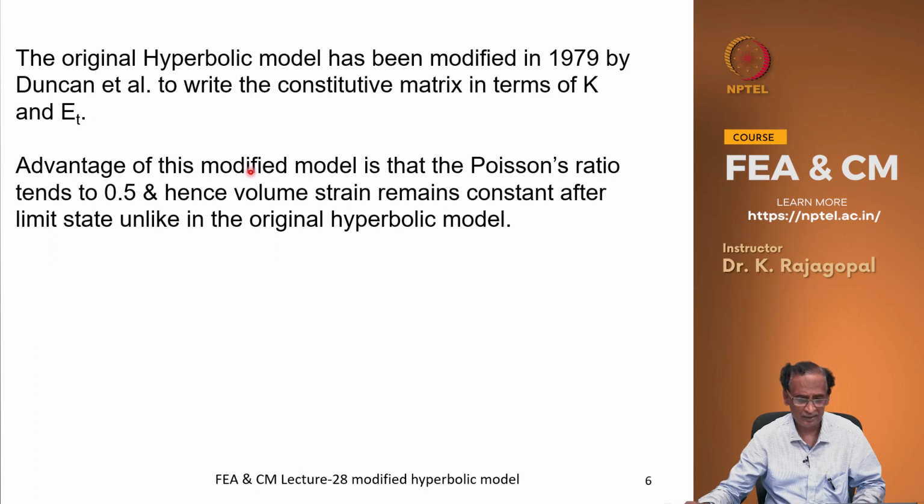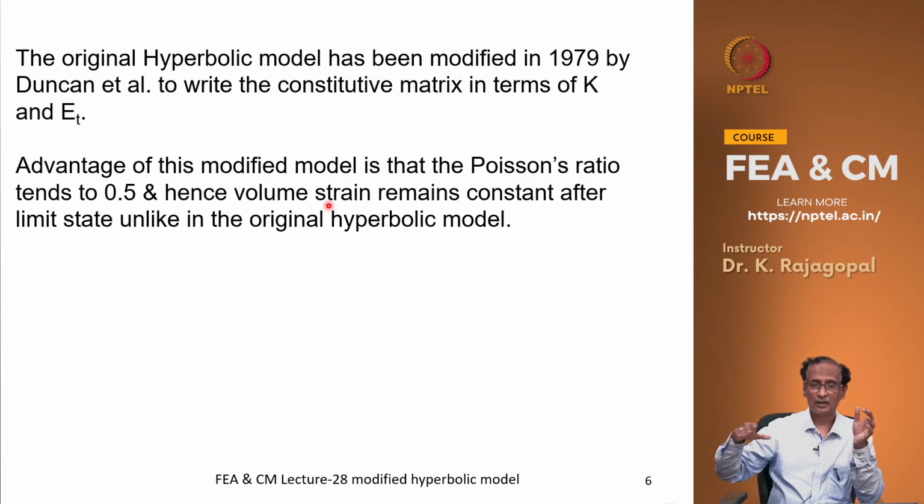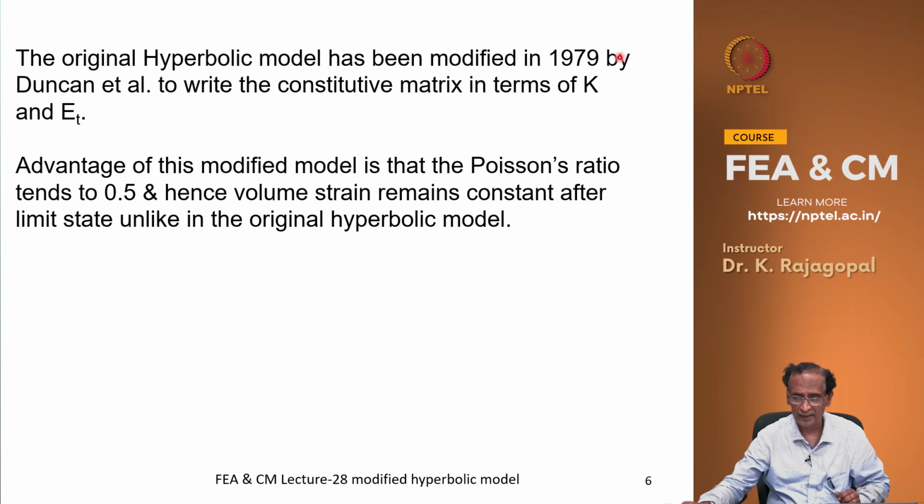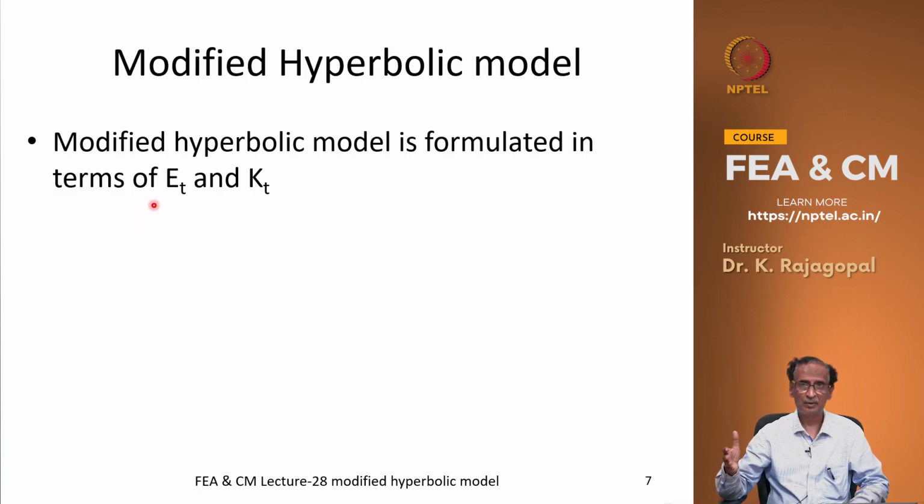And the advantage of this is that the Poisson's ratio tends towards 0.5 as our tangent modulus reduces to near 0 and our bulk modulus K remains constant during the analysis, that we will see. Our tangent Poisson's ratio tends towards 0.5, and because of that we will be able to represent the constant volume after the critical state is reached.